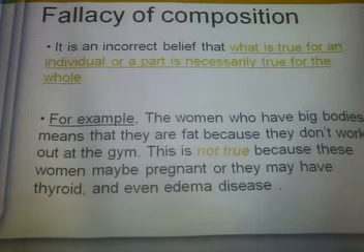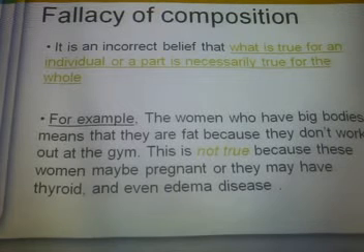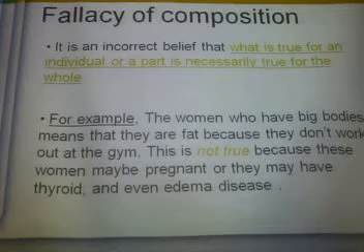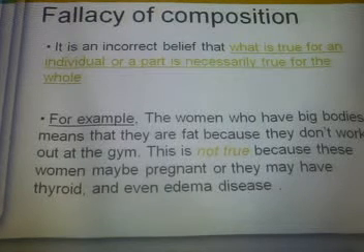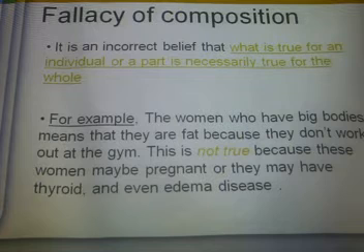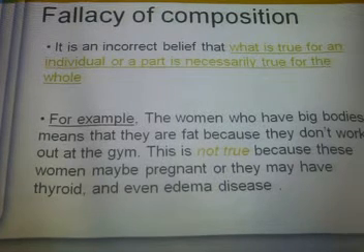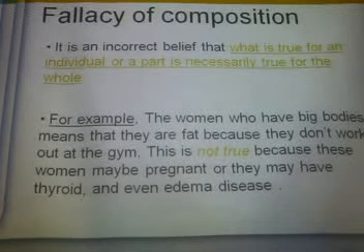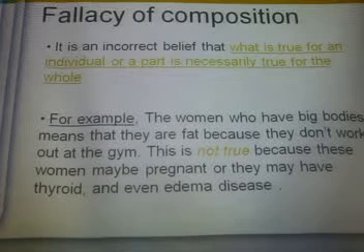If you met these women, you would just think, oh, they don't exercise at all, they just eat and sleep in front of the television. But this is not true. It's just your own judgment, because the woman may be pregnant, or may have some disease like thyroid or even edema, so that she gets bigger and bigger because she retains water in her body.